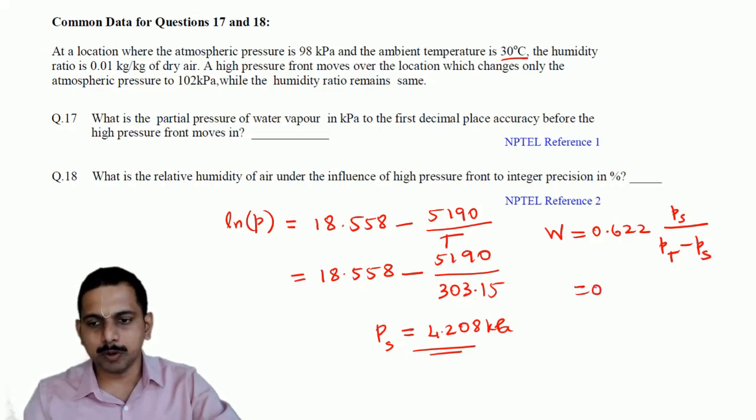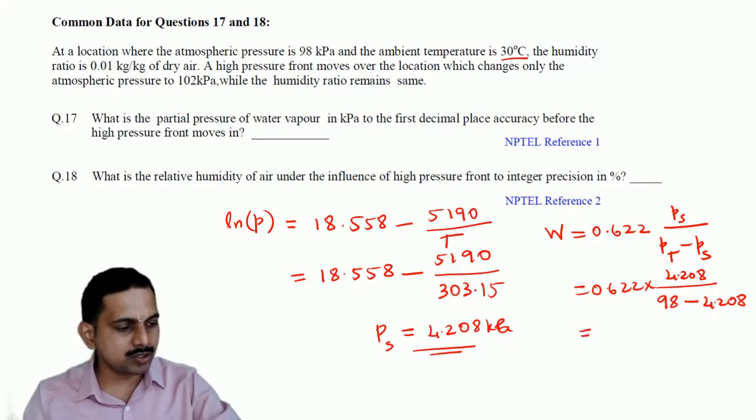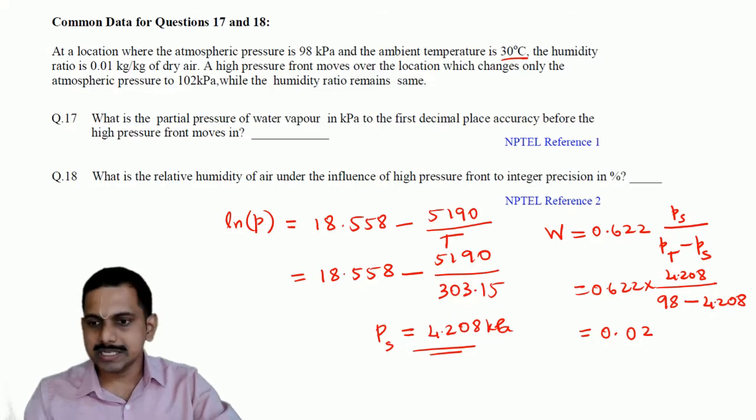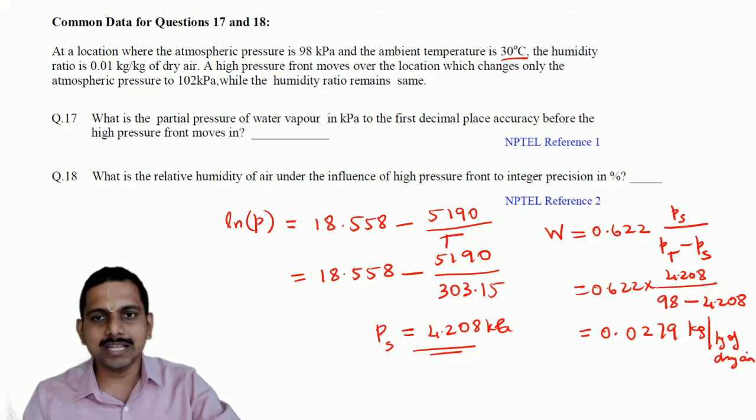This goes as 0.622 into 4.208 divided by the total pressure, 98 kilopascal, minus 4.208. When I solved it, I got the answer as 0.0279 kg per kg of dry air.